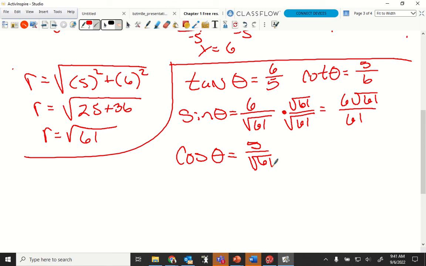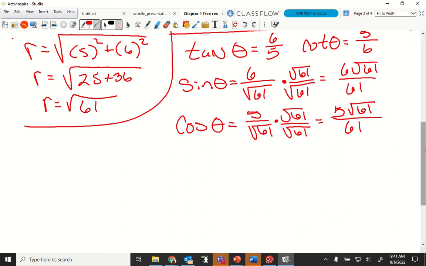Rationalize again. Do the math and we come up with 5 square root of 61 over 61. Very good. Hopefully this is getting easier here.